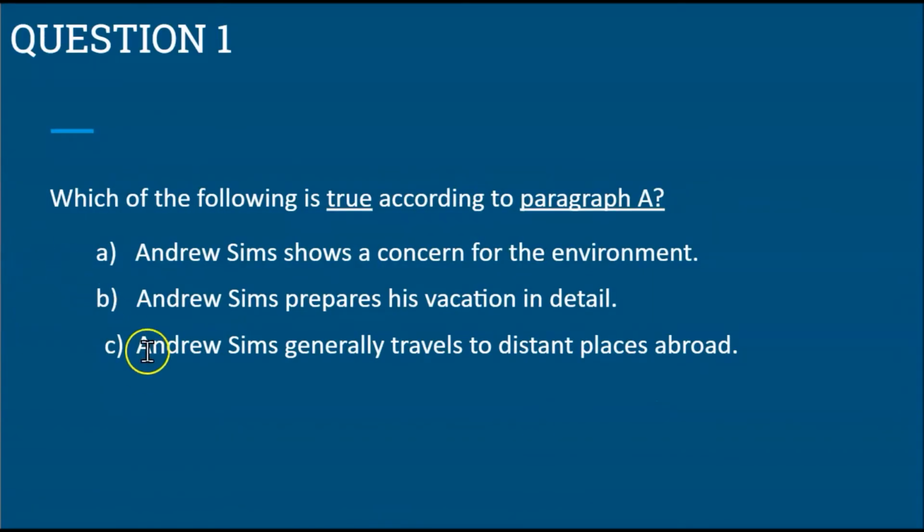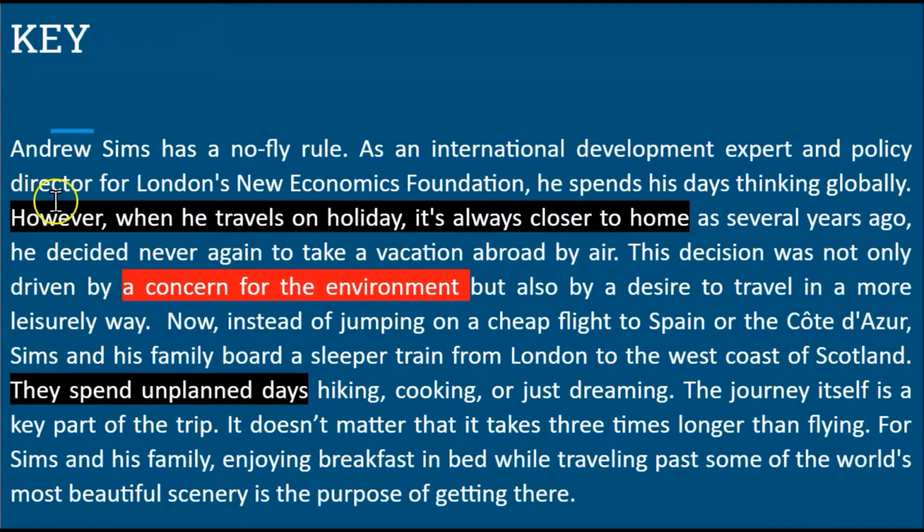Revisiting choice C, it says Andrew Sims generally travels to distant places abroad, far away places abroad. Let's see if this is correct. In the third line here, you see that when Andrew Sims travels on holiday, it's always closer to home, right? It's not far away, but on the opposite side, it is closer. So again, the answer is A for this question.